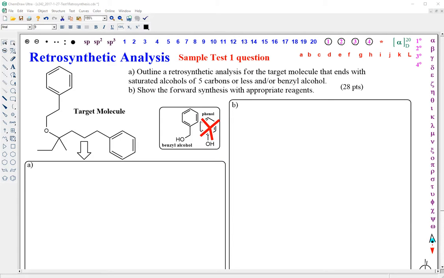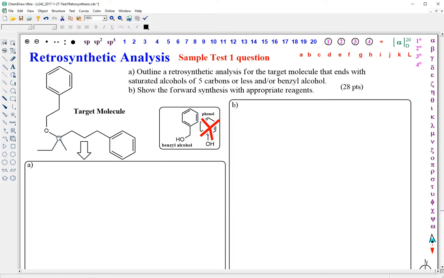After reviewing the Williamson ether synthesis, I hope you recall you need a nucleophile and an electrophile. You have two choices, this being the O- attached to this nucleophile, attacking a carbon with a leaving group here, which would be a terrible choice.